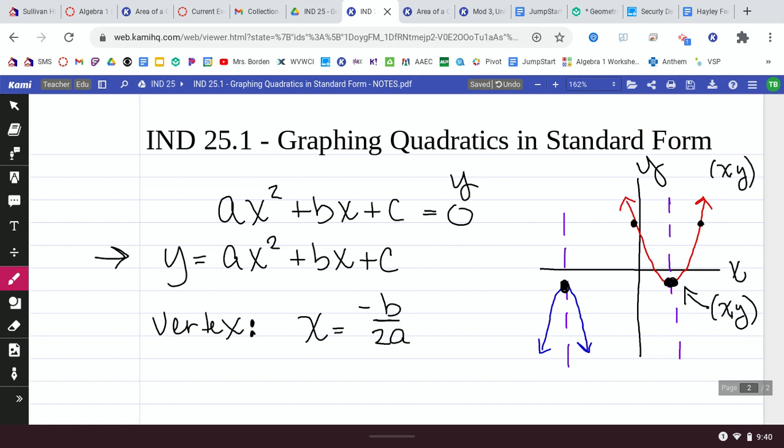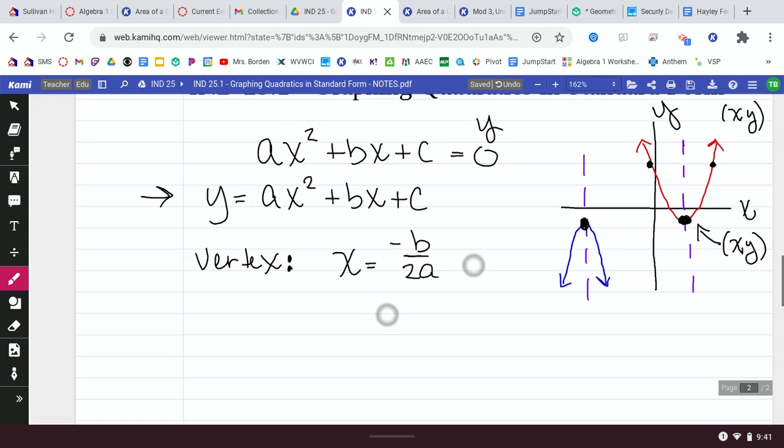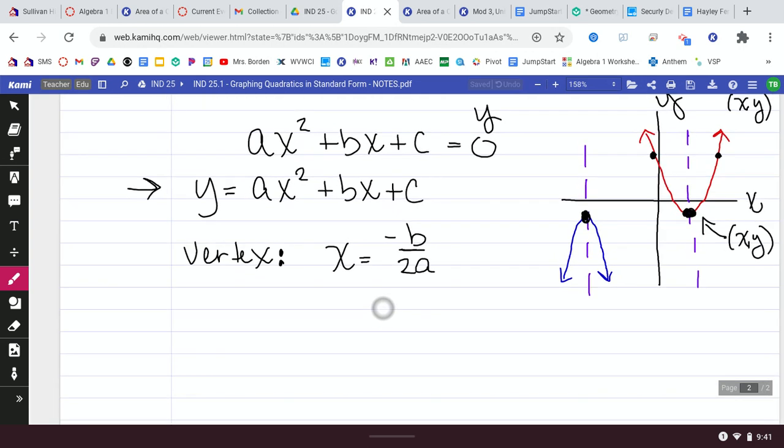And we should be very familiar with finding the b, the a, even the c, because we did that in indicator 23, where you had a equals, b equals, and c equals, and you needed those to plug into the quadratic formula. Well, same thing. We need to know what the b equals. We need to know what the a equals, because we're going to plug it into this formula to find the x. Now, keep in mind, the vertex is an x and a y.